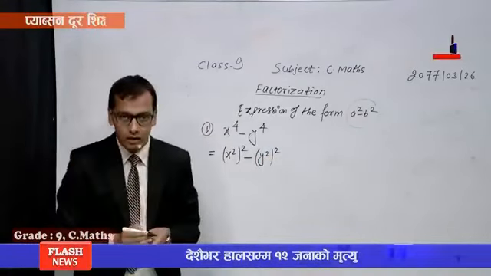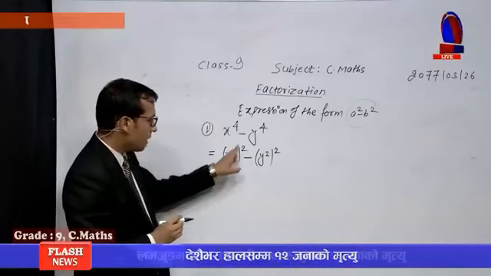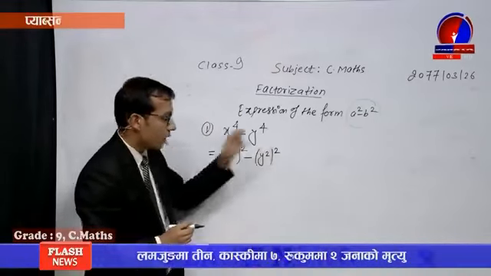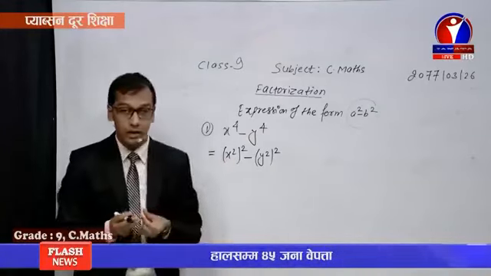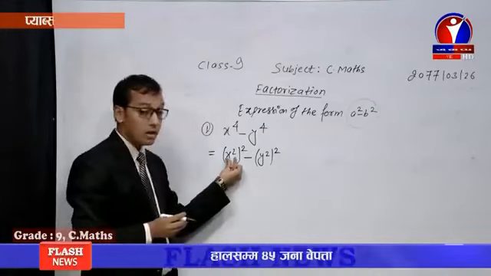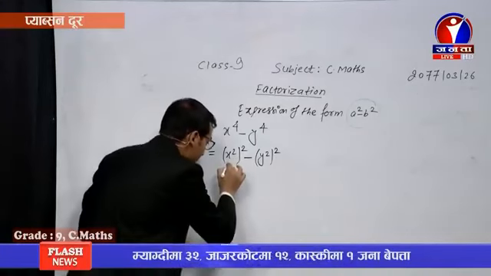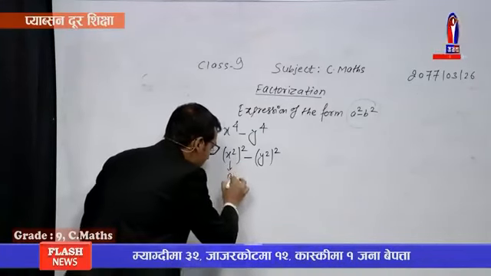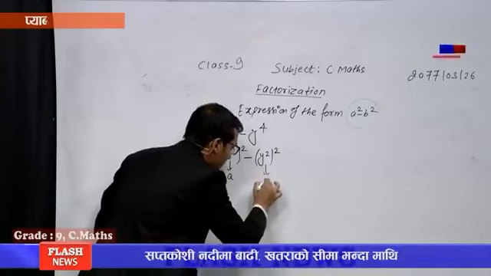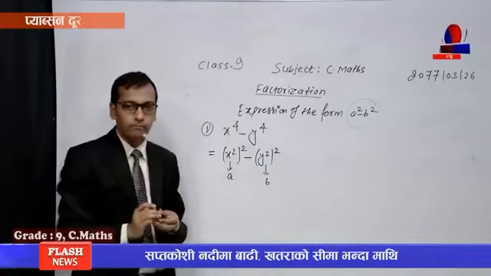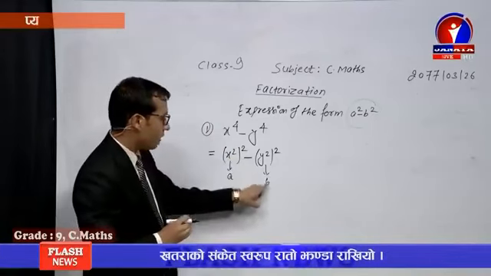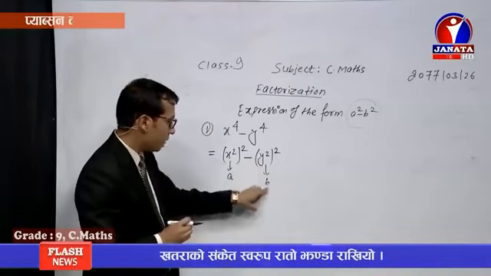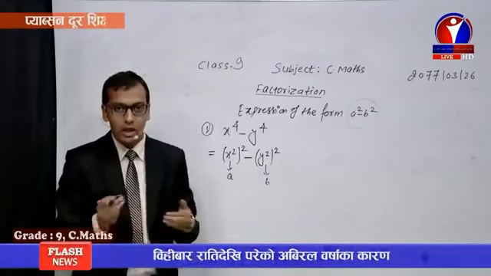Now it is in the form of a square minus b square, where the first term in the bracket, x square, we can consider as a, and the other one, y square, is b. What are a and b?